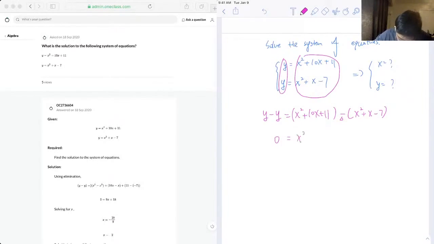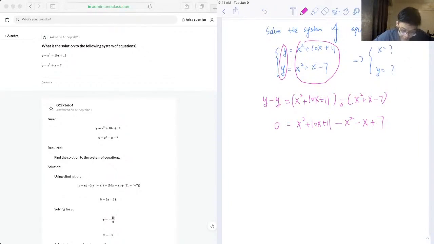We have x squared plus 10x plus 11 minus x squared minus x, since it was a plus sign in the brackets, but now there's a subtracting sign in front of the bracket, we need to change the sign of it. And the negative 7 will become positive 7.